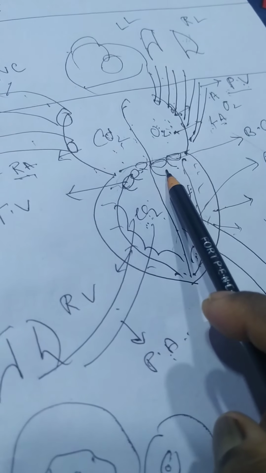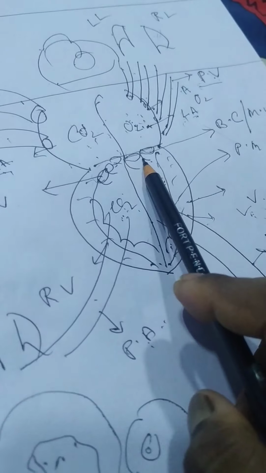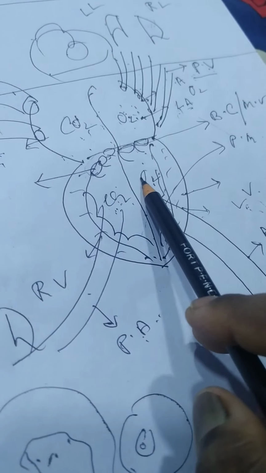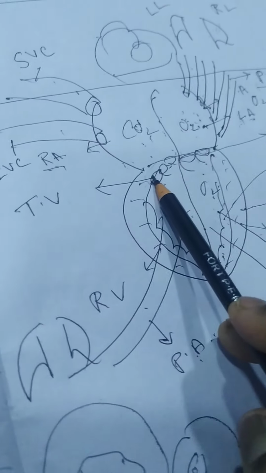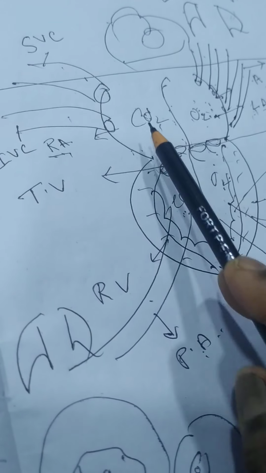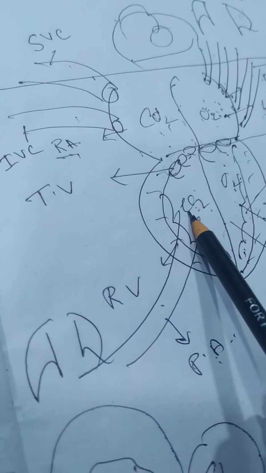The function of the bicuspid valve is passing oxygenated blood from left auricle to left ventricle, and the function of the tricuspid valve is passing deoxygenated blood from right auricle to right ventricle.